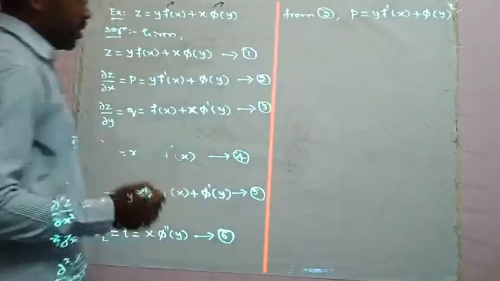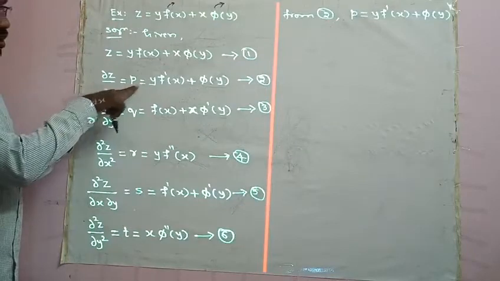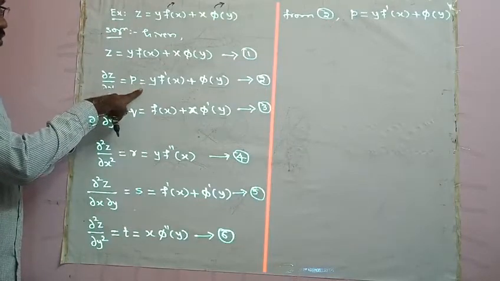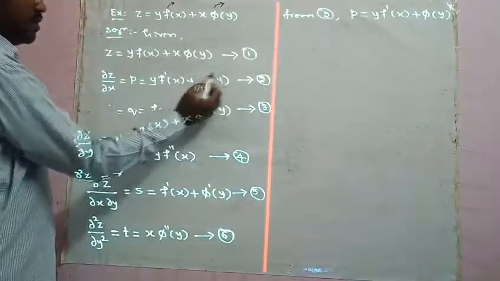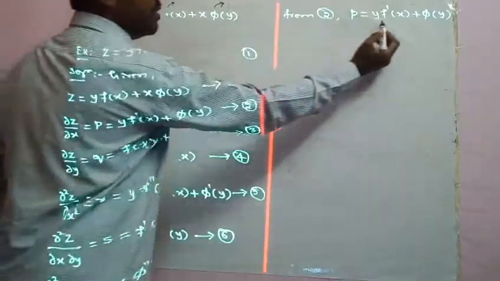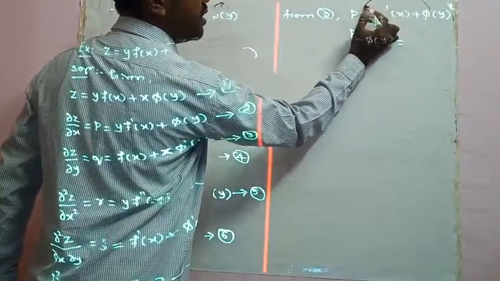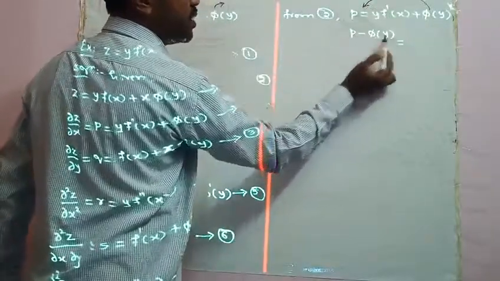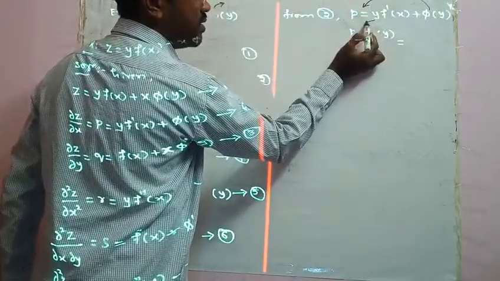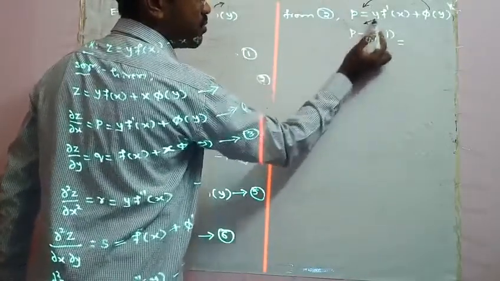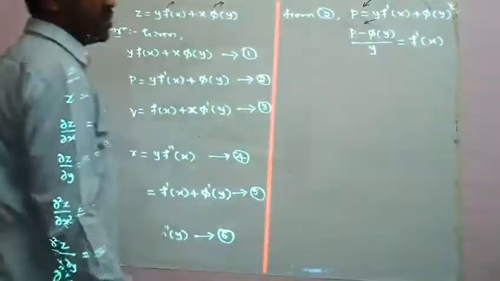From equation number 2, let us see how we can write it. So here is our equation 2. Take this phi of y to the LHS: p minus phi of y, then divide by y, and cross multiplying, that is equal to f dash of x.